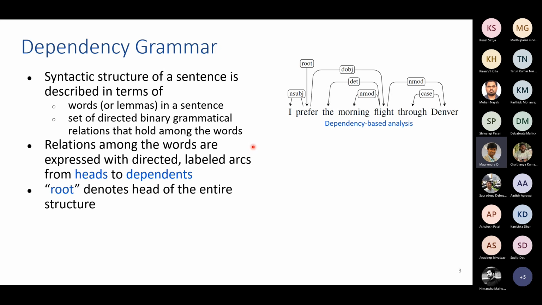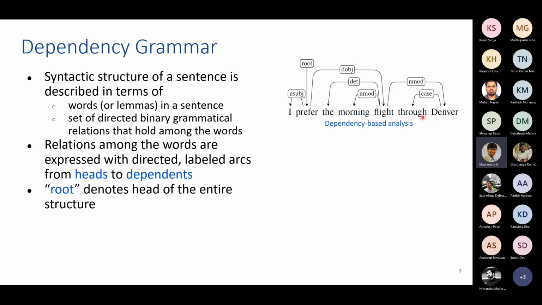But to give you an overview of what is dependency structure, what is dependency parsing, what is dependency grammar, the thing at the core of that explanation is that the different words in a sentence, if we look at them, we'll see that the words relate with each other.